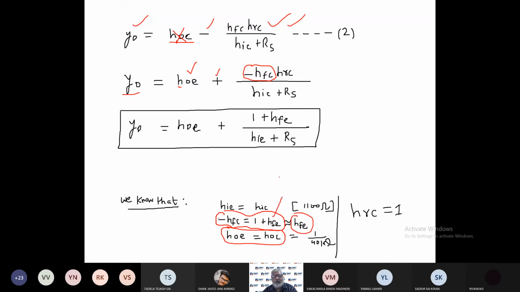Because 1 plus hfe value is 50, so 1 plus 50 is 51, so it is approximately equal to 50. So in place of this, I have written 1 plus hfe here. 1 plus hfe. Even I can write only hfe also. Now hrc, the reverse voltage gain of common collector. If you recall, the hrc standard value is 1. So this I replace by 1. Okay.